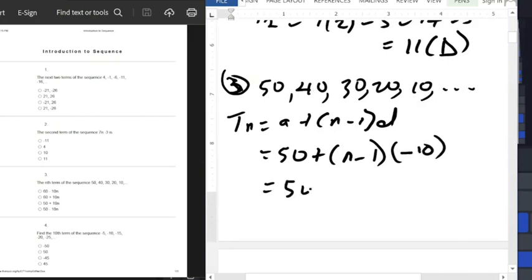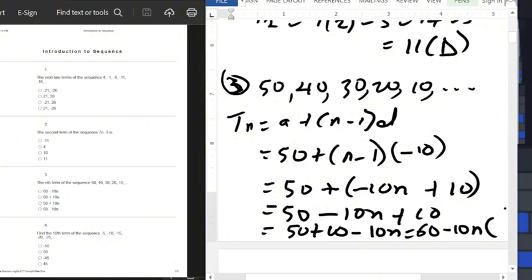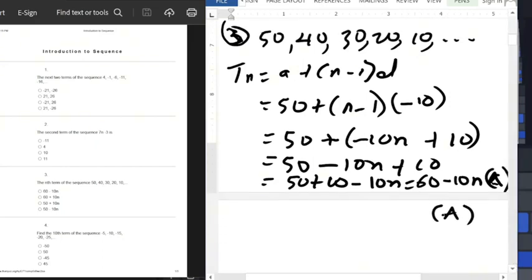So we now have 50 plus minus 10 times n, minus 10n, then plus 10, that is minus 1 times minus 10. So we have 50 minus 10n plus 10, which equals 50 plus 10 minus 10n, which equals 60 minus 10n. That is option A. So option A is for number 3.